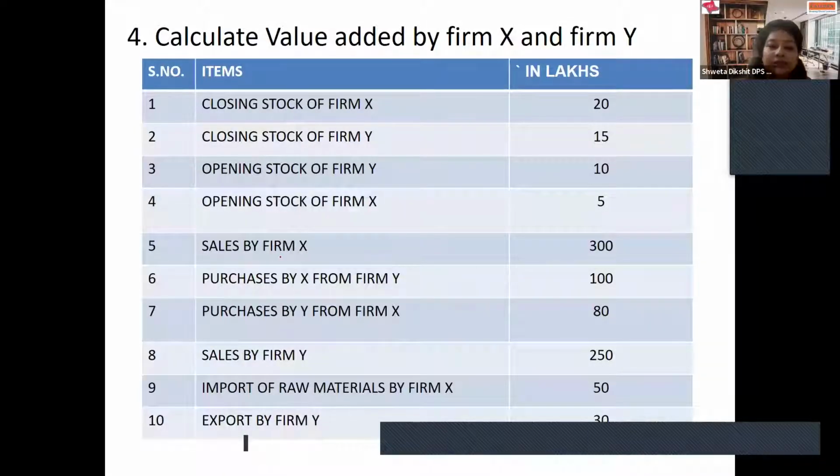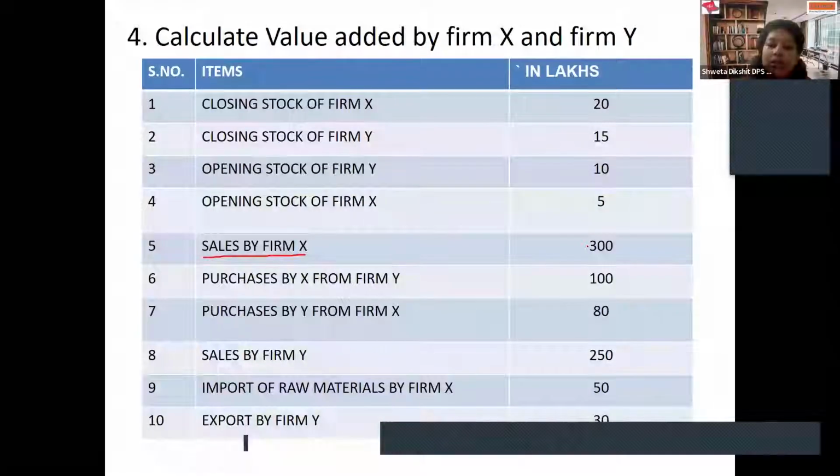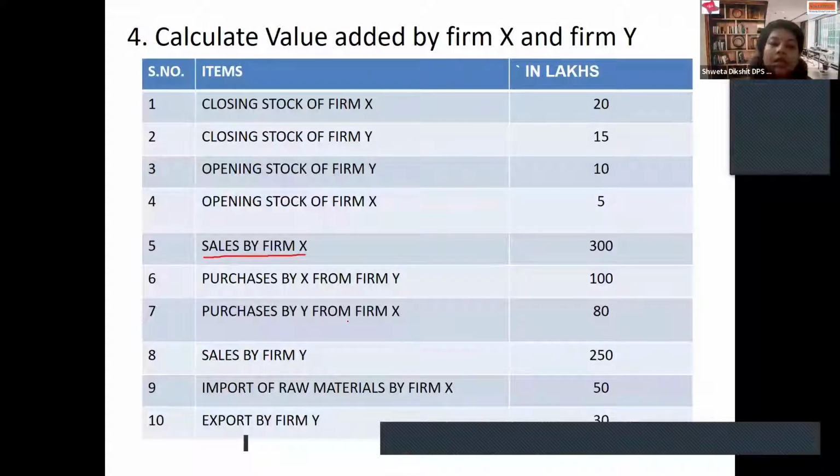So let us take the formula now. Start with the formula. First of all, sales. Let's calculate for X first. Sales by firm X, how much? 300. Then exports by firm X. Is that given anywhere? No, it's not given. So for sales of X, we have only this value, that is 300, because exports are nowhere mentioned.